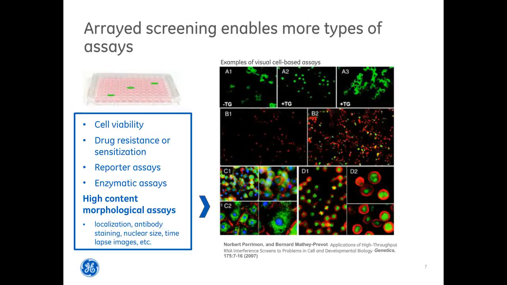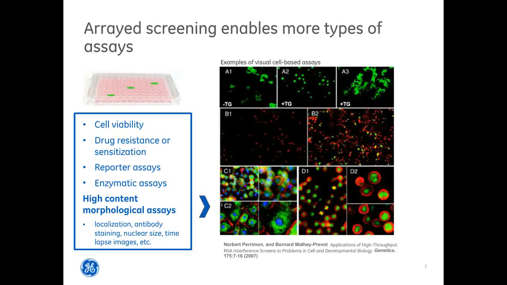So this is just a more visual demonstration of what I'm talking about. Although arrayed screens will support very straightforward phenotypes like viability and drug resistance, they also expand the types of experimental questions that can be addressed into more visual cell-based assays.